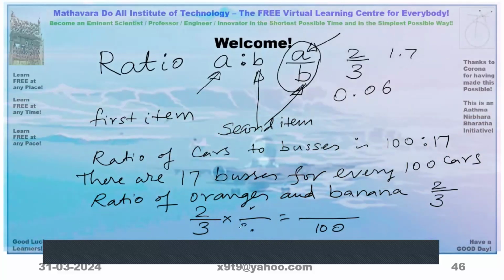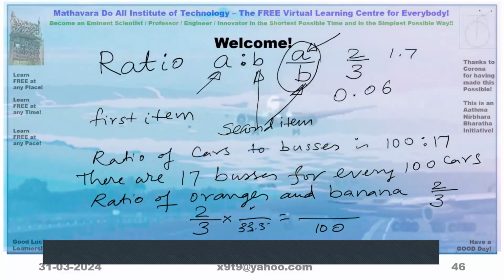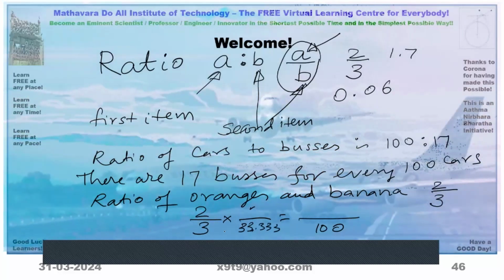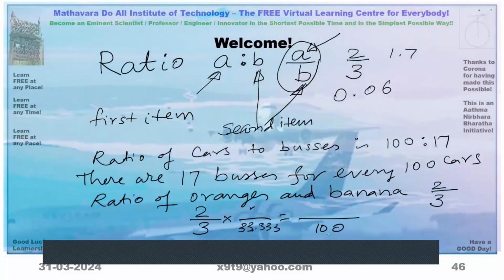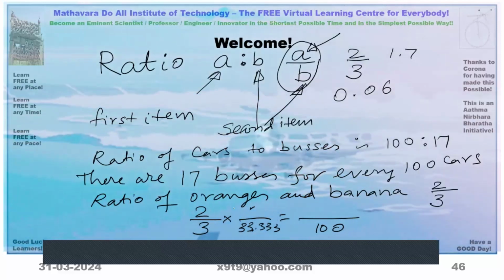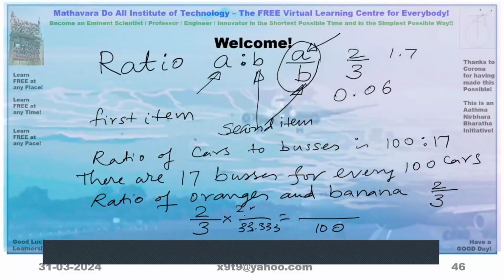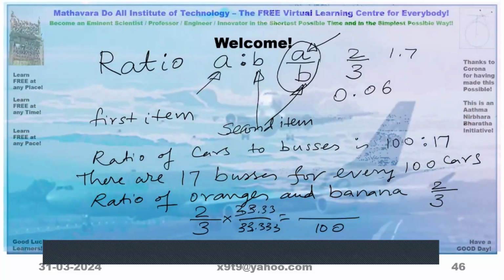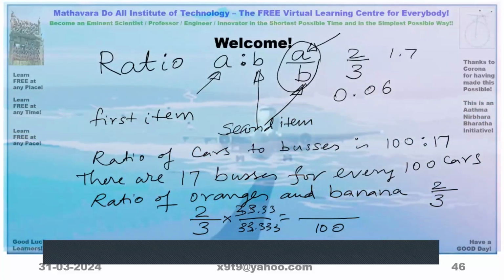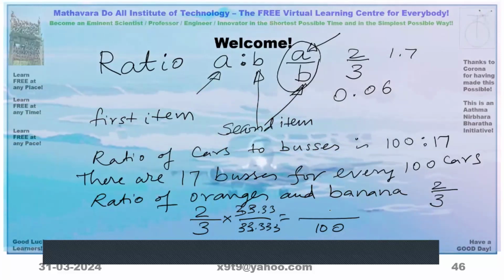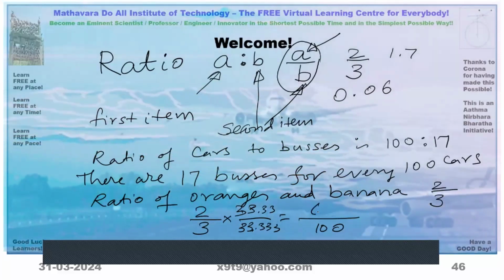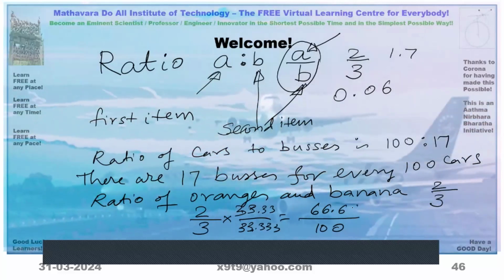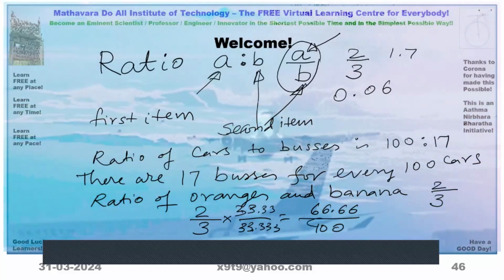This will be something like 33.3333. 3 into that will be 99.999, which is like 100. When you multiply here, it will become 66.6666.